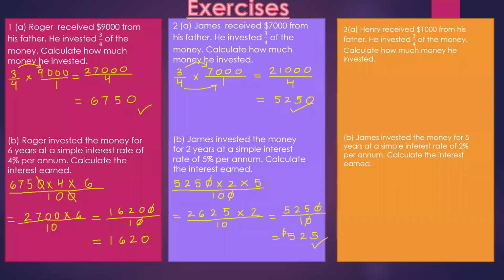All right. So it's going to be 3/4 multiplied by what? 1,000/1. And what do we do when we multiply 3 times 1,000? What would we get? 3,000.